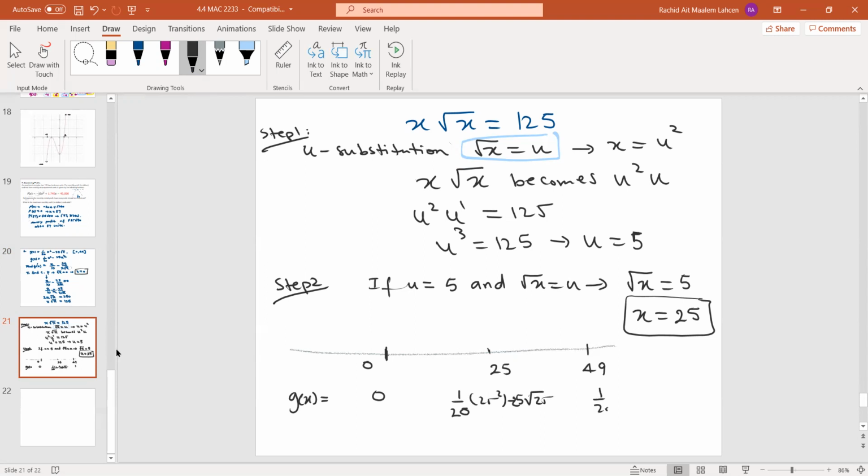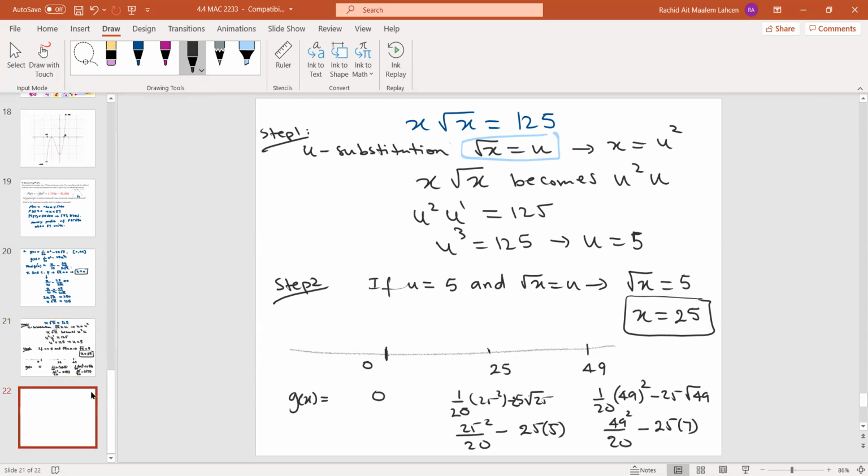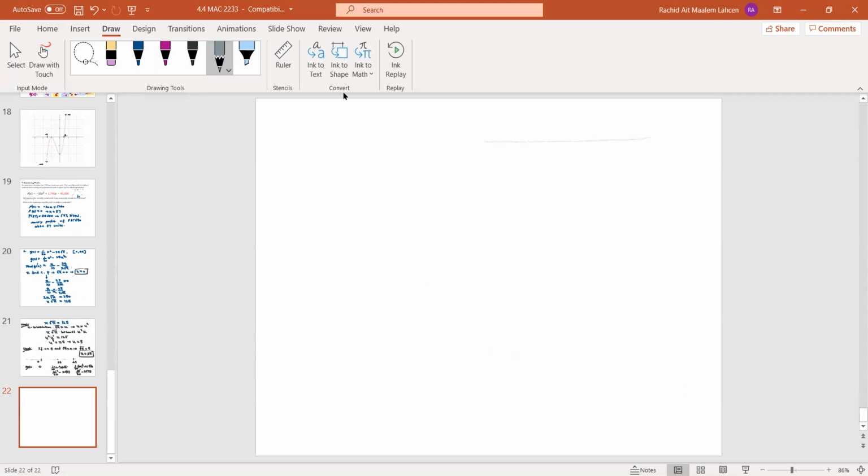And this one, 1 over 20, 49 squared minus 25 square root of 49. So you get 25 squared over 20 minus 25 times 5. And this one, 1 over 20, 49 squared minus 25 times 7. Let's just do it. So this is 0 and 25 here and 49 here.